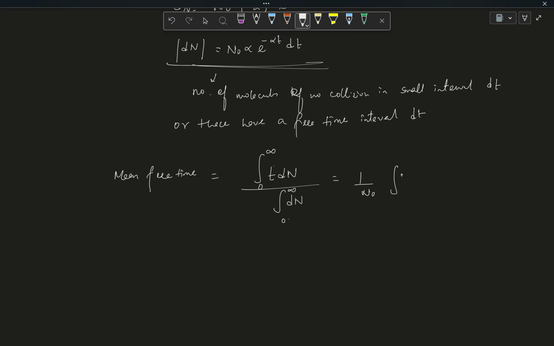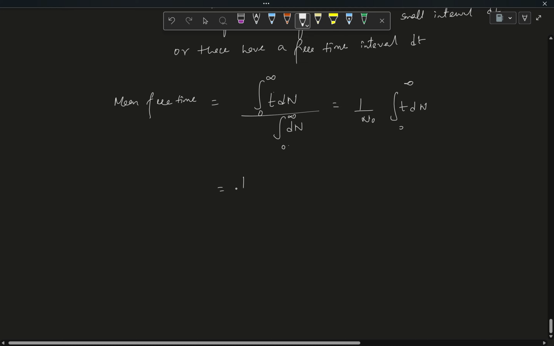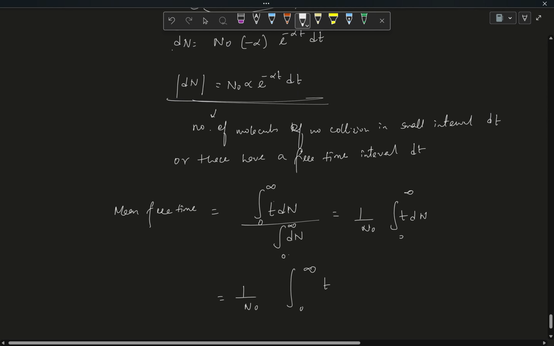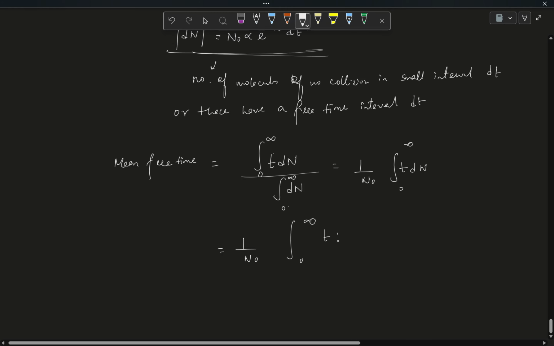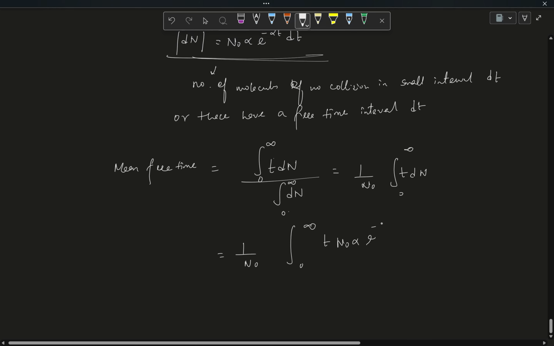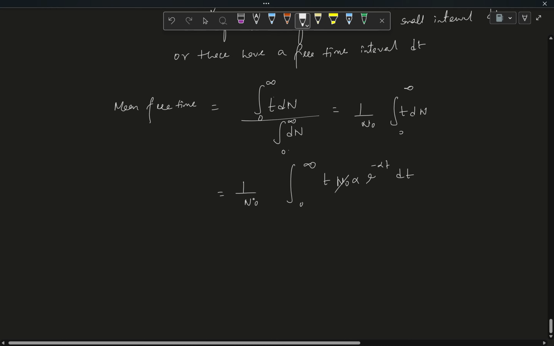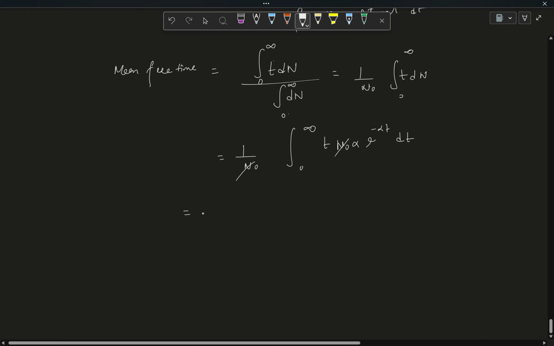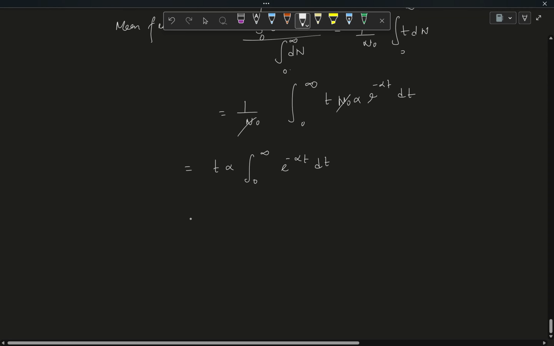So it is 1 by n naught, then t dn 0 to infinity. You put dn as n naught alpha e to the power of minus alpha t dt.